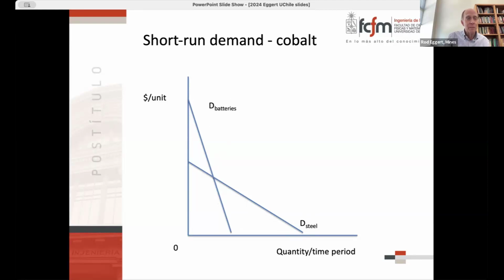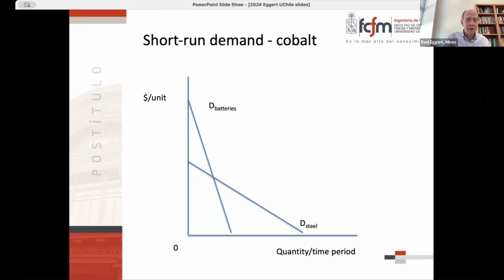Which demander will be more sensitive to a change in price? Well, steepness of slope gives us some indication. How does the quantity demanded by batteries change with a change in price?